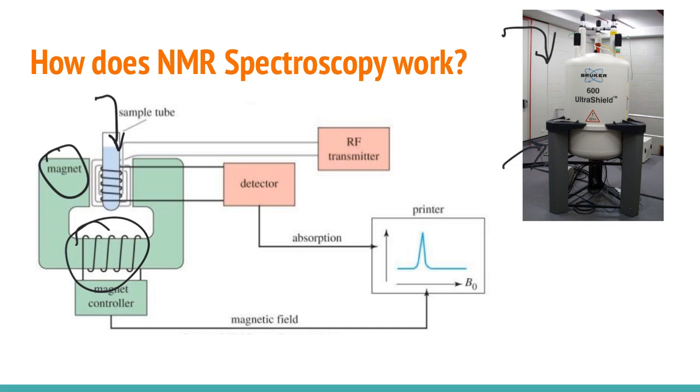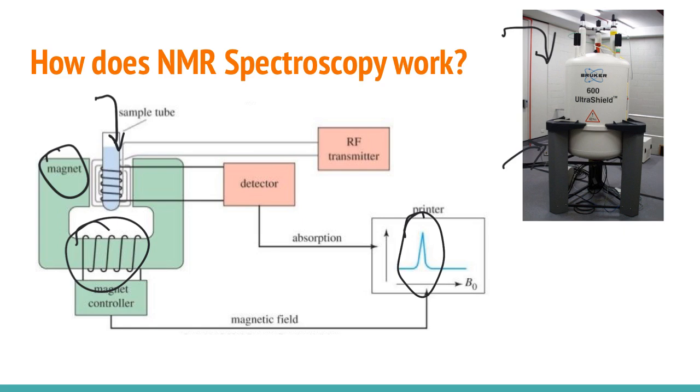When the radio waves hit the exact frequency needed to make the nuclei flip, so that their spin goes in the opposite direction, transitioning from that low to high energy state, something called resonance happens. When resonance happens, that is detected on the machine and recorded in a spectrum.